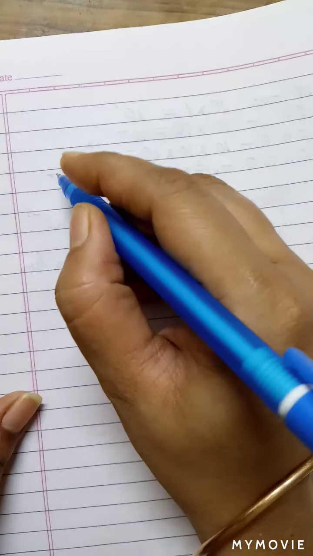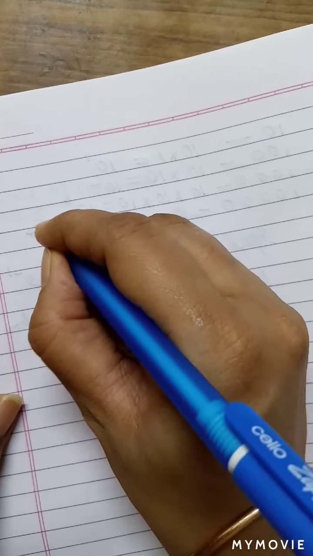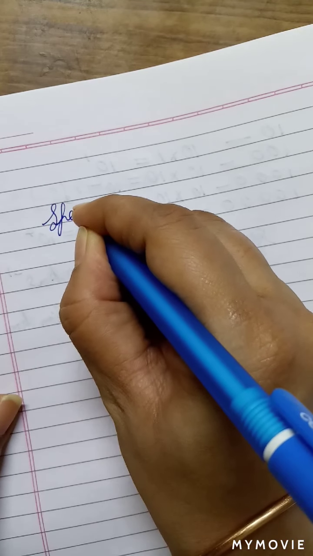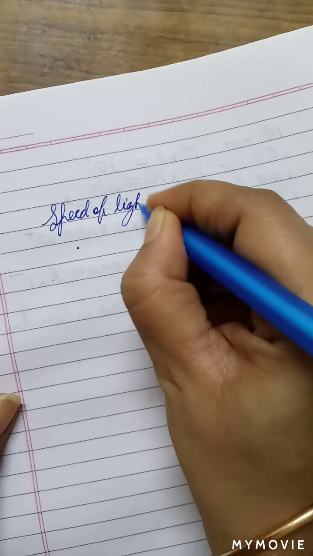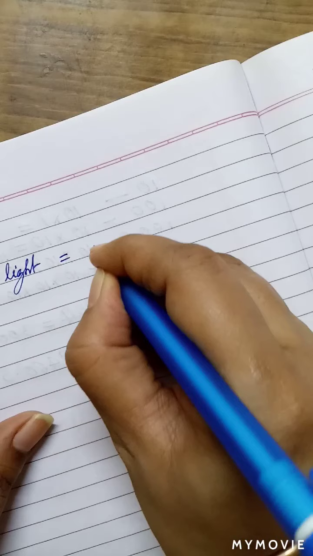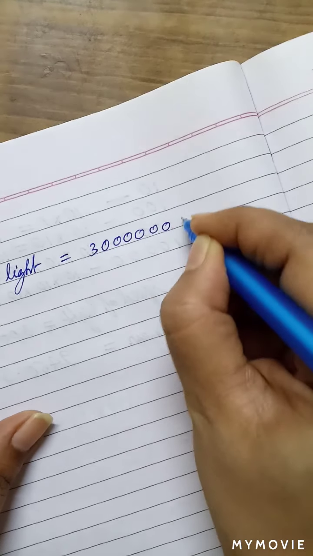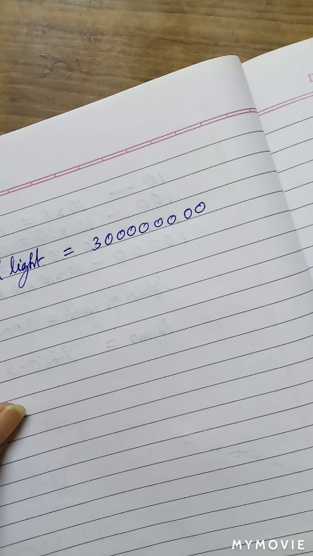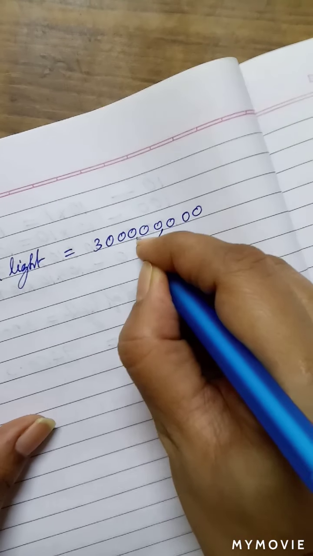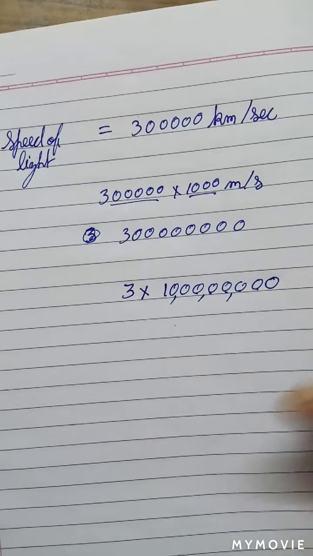Let's move on. Now we know the speed of light is 3 lakh kilometers per second. We can also write it as 3 into 10 crore.